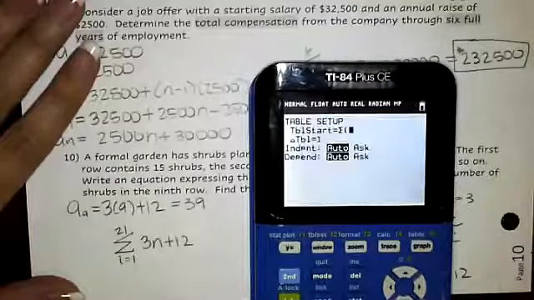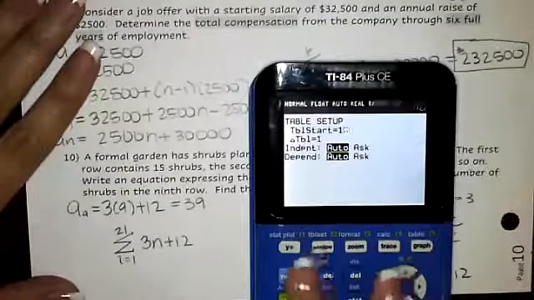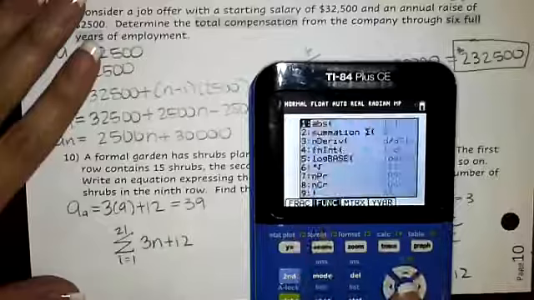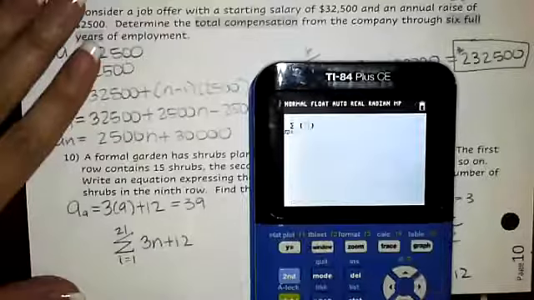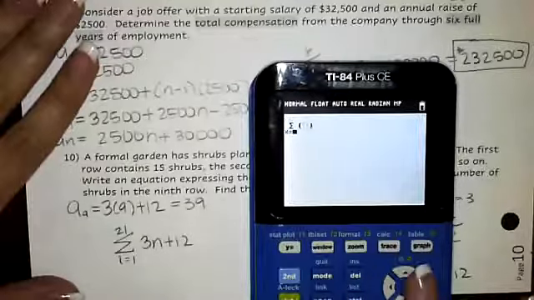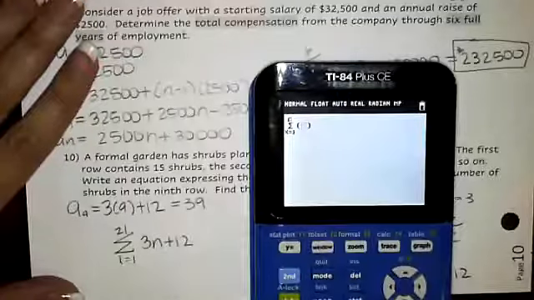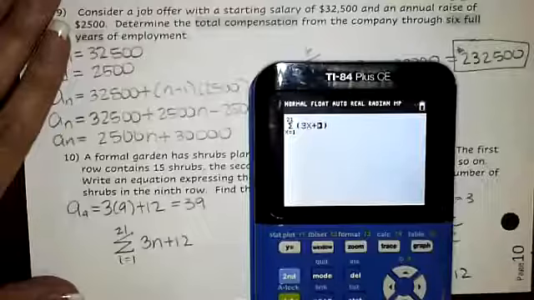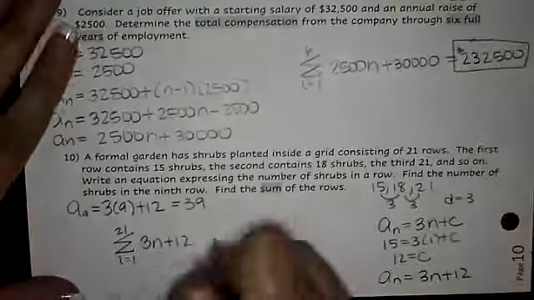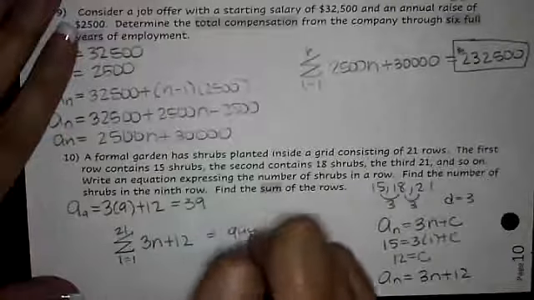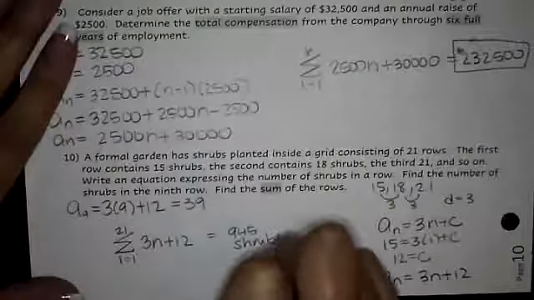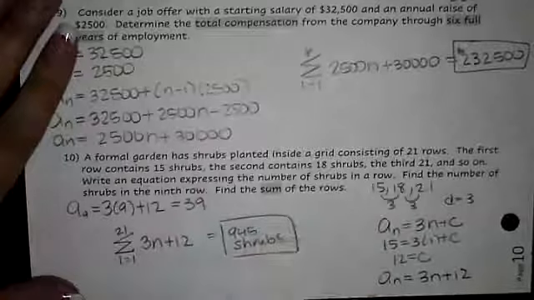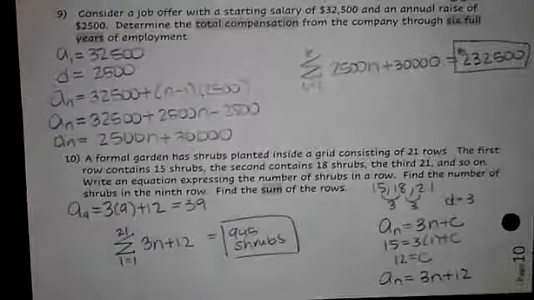And you can find each one of the terms and add them, but this is way easier for you to do. And so there it is with 945. So we would have 945 shrubs in total. And that is arithmetic sequences.